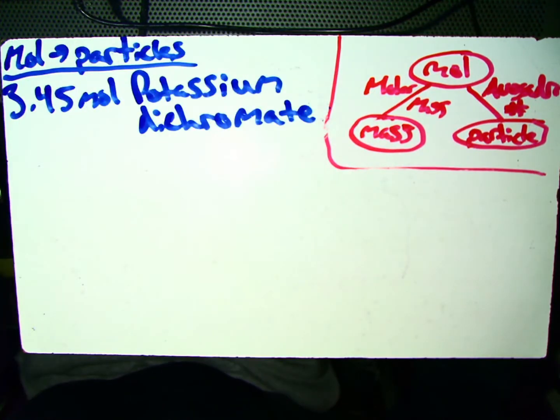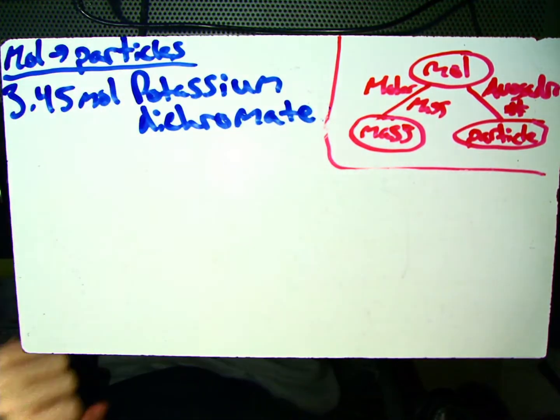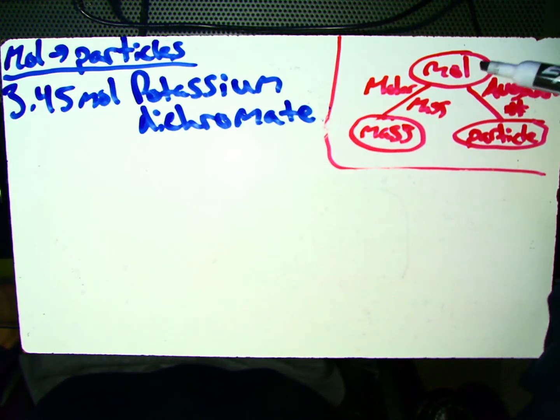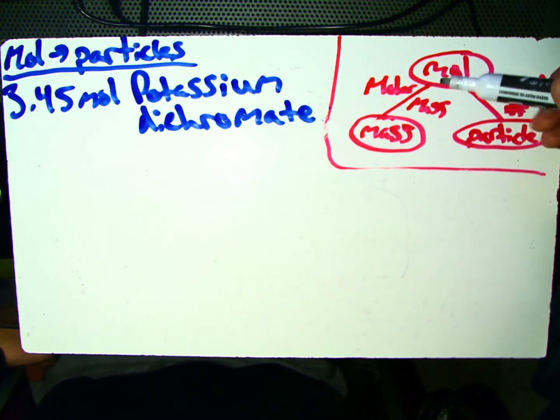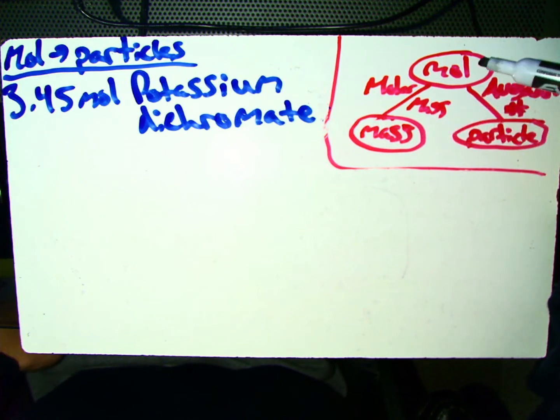All right, here's our new scenario. Now I'm telling you that we want to go from moles to particles. So let's look at our little triangle up here. We're starting in moles, and we need to get to particles. So the nice thing is that we don't need molar mass anymore, and we don't even need to deal with mass. It's just moles to particles. What's our conversion factor?